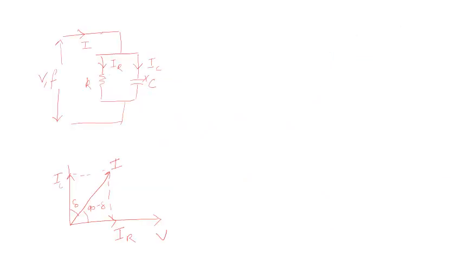We have discussed that there are two components of current: one going in your resistance, and the other going in your capacitance. So we have drawn this. Now, talking about dielectric loss, the resistive component will create the loss, as you know, but the capacitive component does not create it.